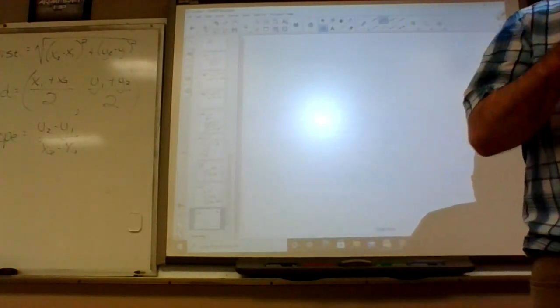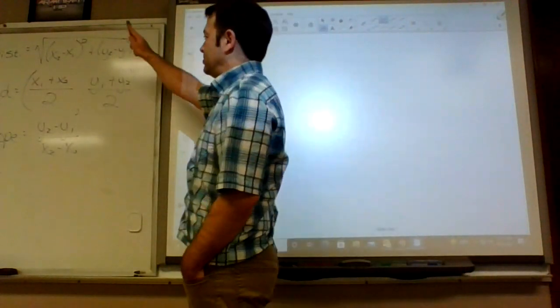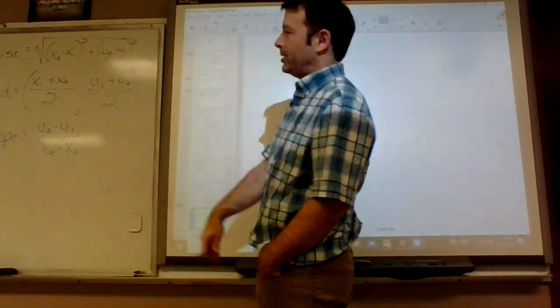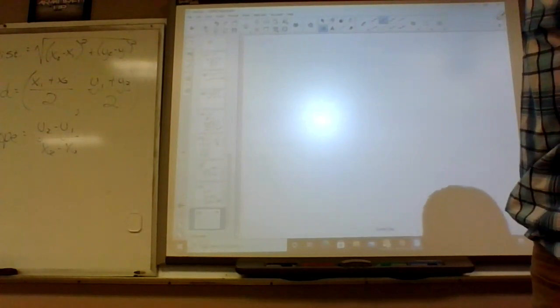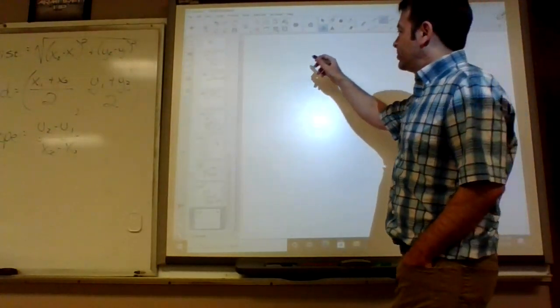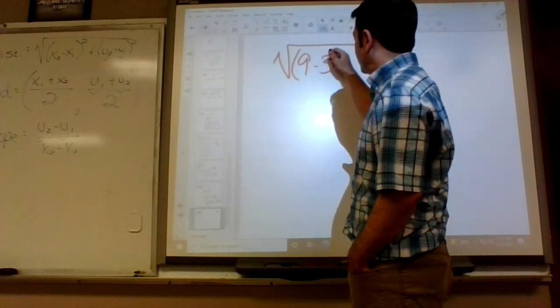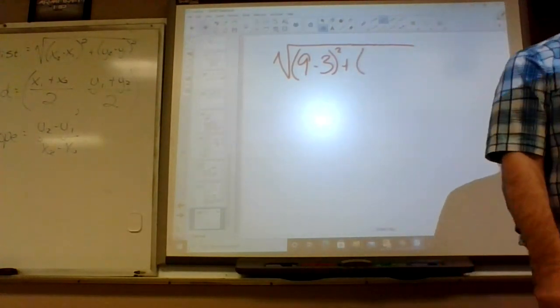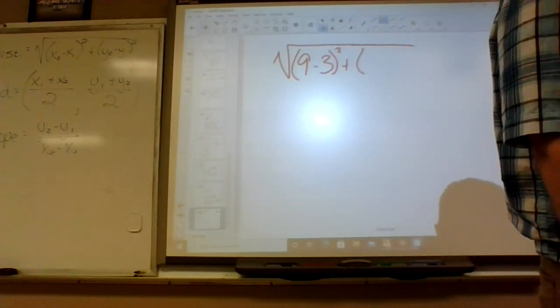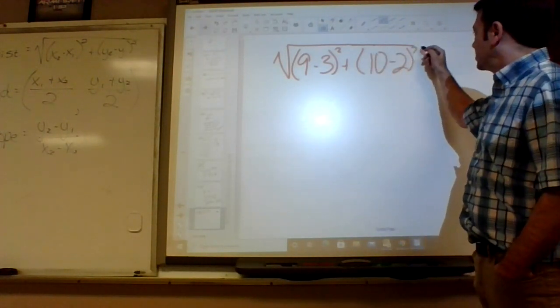Okay, number 23, find the distance. So I'm gonna do x minus x, y minus y. Plug those in. On 23, the x's are 3 and 9. The order doesn't really matter because once you square it, it's going to come out positive either way. So I'm going to do 9 minus 3 squared plus the y values, 2 and 10, 10 minus 2 squared.